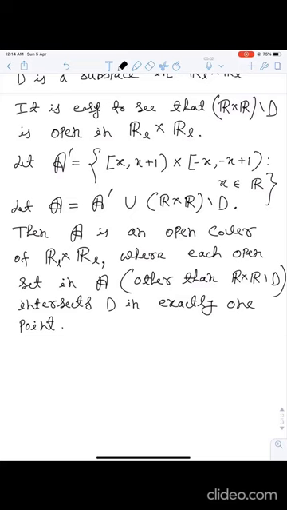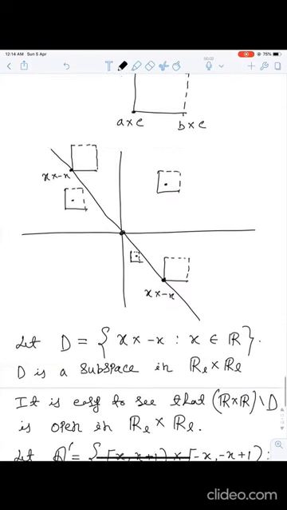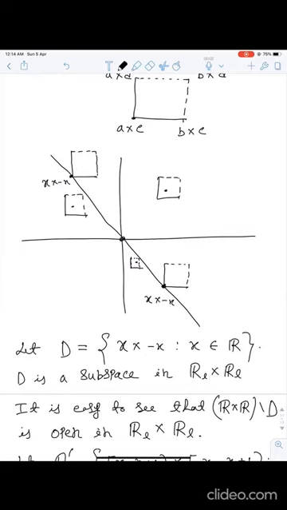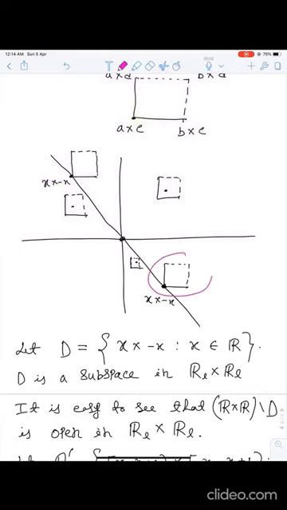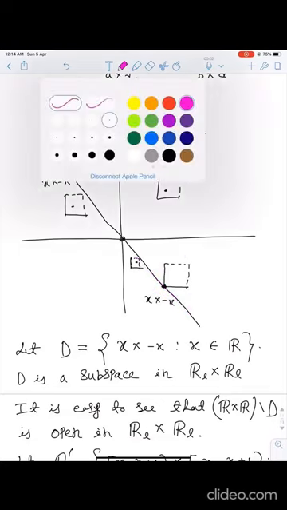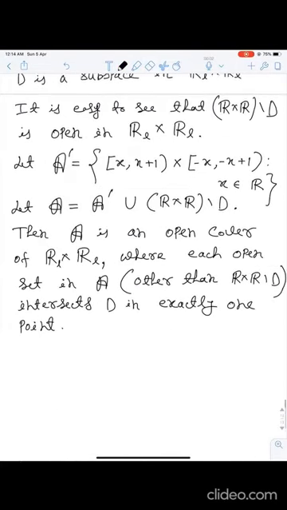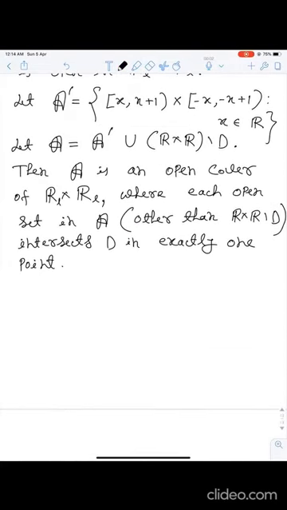Why? If we take any point, this is my rectangle, and it will intersect D in exactly one point, this point, right?